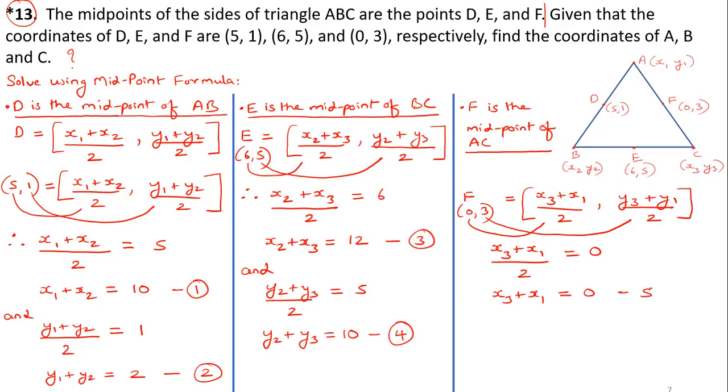This will become equation 5. And y3 plus y1 upon 2 is equal to 3. 2 will go here and it will become 6. So y3 plus y1 is equal to 6, and this is equation 6.